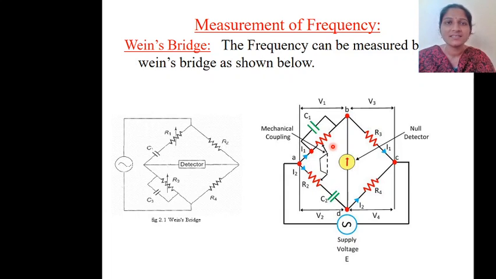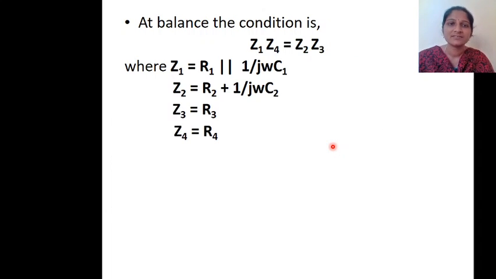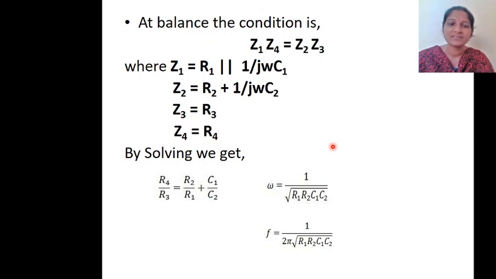So that is the main advantage of this Wien's bridge. Considering the advantage, this Wien's bridge is most popular. Okay, so this is the frequency equation, F is equal to 1 by 2 pi RC. Okay, thank you.